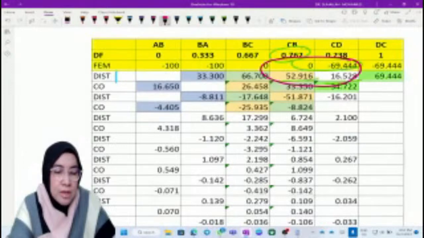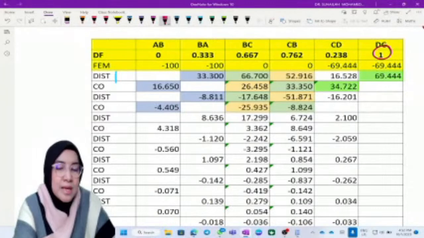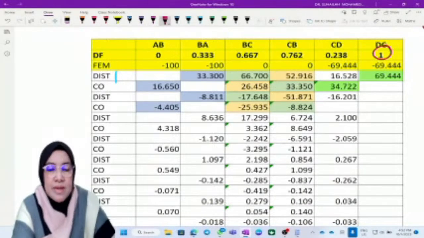And we have another one, which is the member and positive 69.